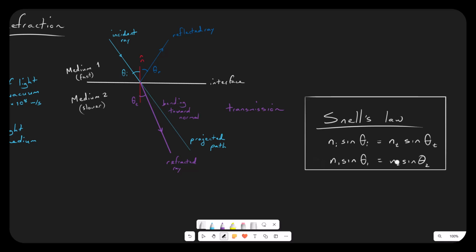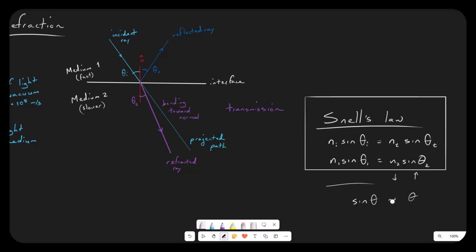If my n2 is smaller than my n1, then my sine theta 2 is going to have to be bigger than my sine theta 1, right? If this number is smaller, this number is going to have to be bigger if we're going to keep it equal over here. And the sine of an angle increases like the angle.